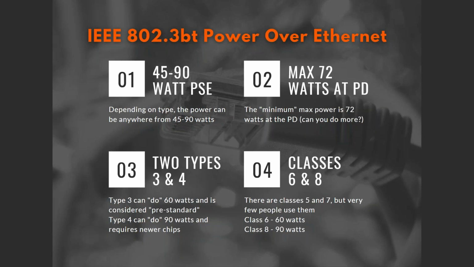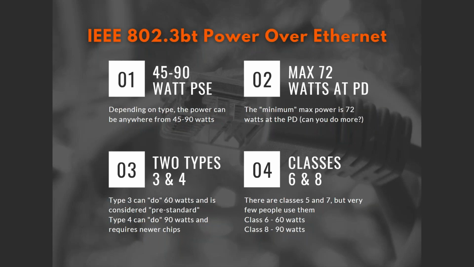However, even though the switch may put out 90 watts, powered devices, or PDs, like your Wi-Fi access point or edge devices, can only expect 72 watts of power. Now, you may get more power if your run is shorter, but you can't guarantee any particular installation can give you more than 72 watts.